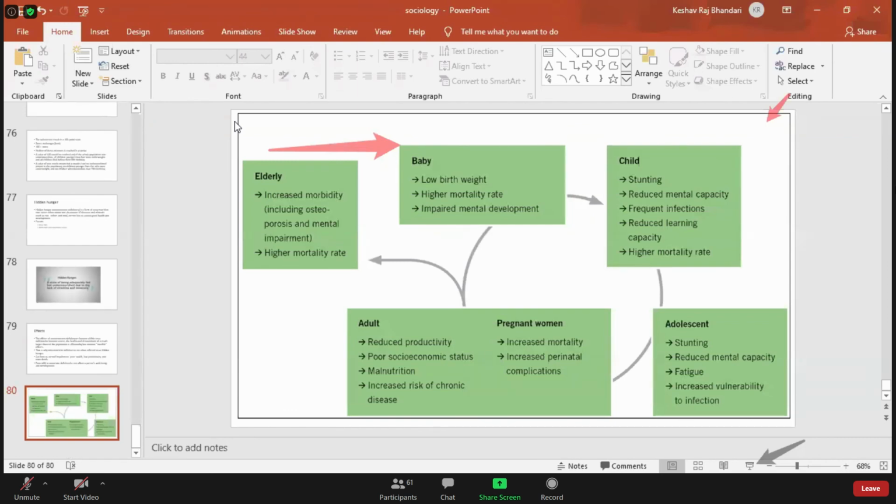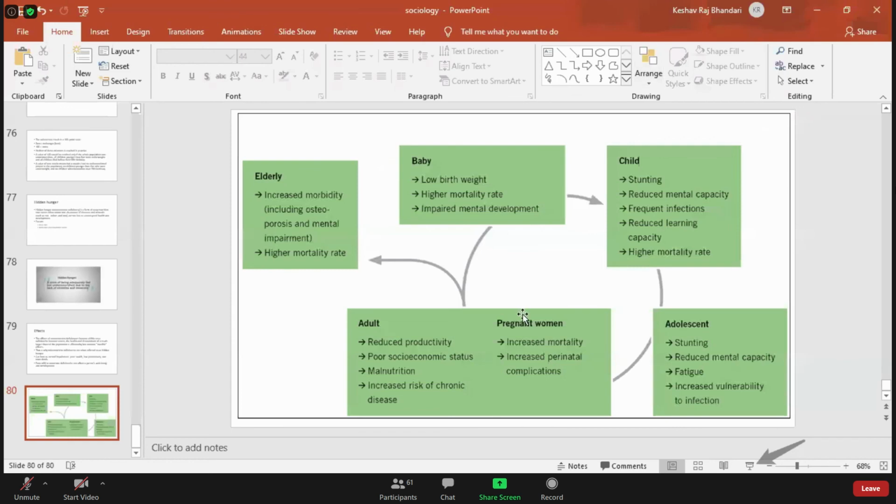For example, during childhood, the child may be stunted, with reduced mental capacity, frequent infections, reduced learning capacity, and high mortality rate. As the child gets older, during adolescence also, the person may be stunted, with reduced mental capacity and increased vulnerability to infection. During pregnancy and adulthood, there may be increased mortality, reduced fertility, and things like that. So the cycle continues.